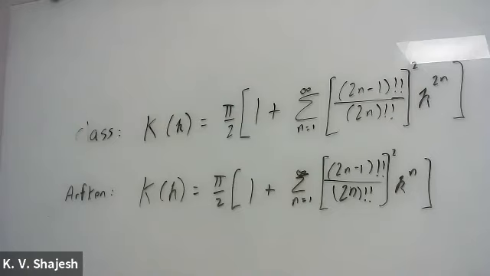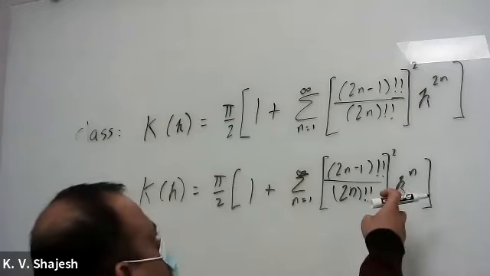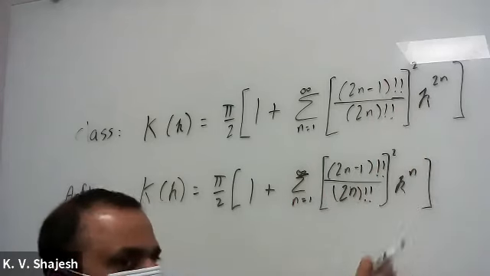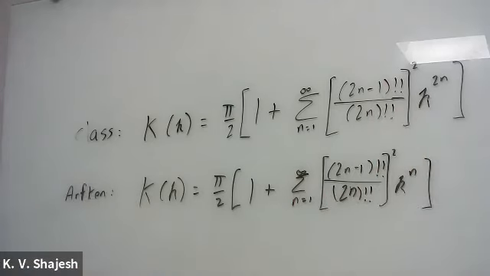That's not identical. They will be different. As simple as if you put k equal to -1, this is an even, this is an odd function. So surely they are not the same.